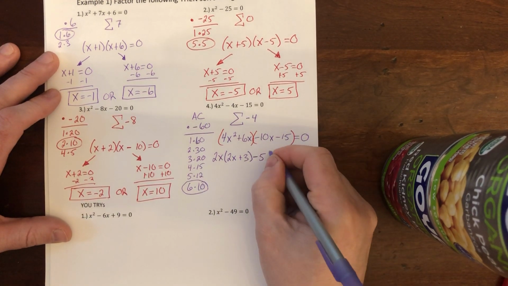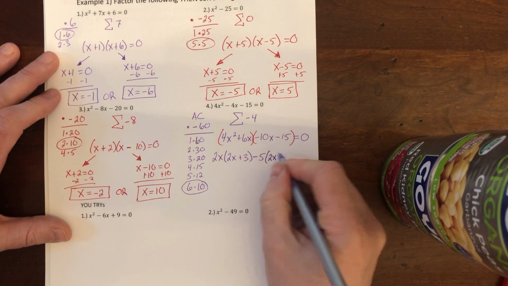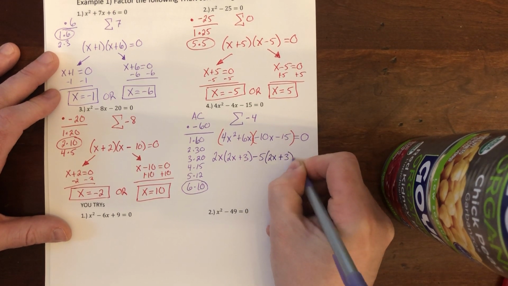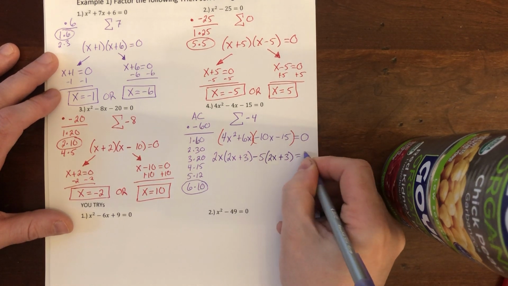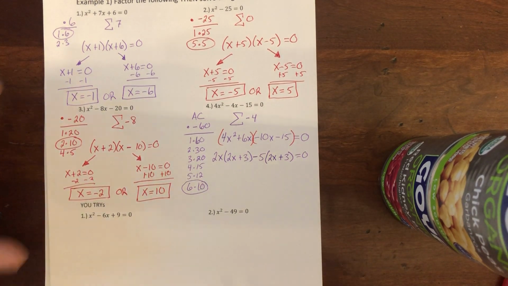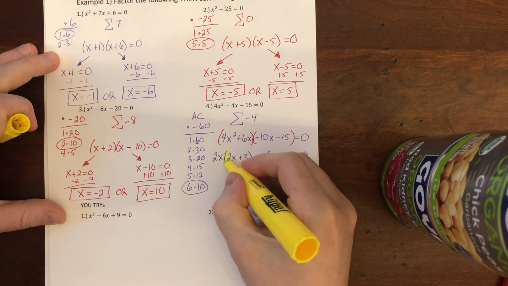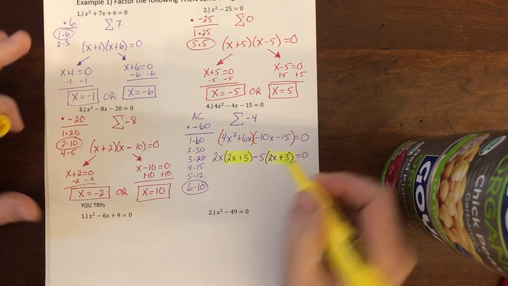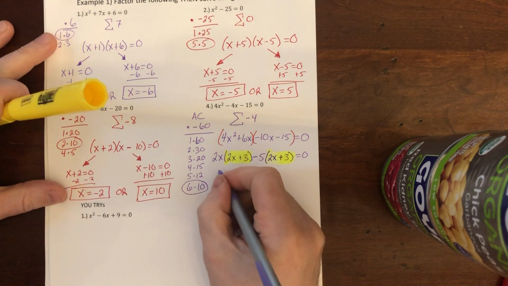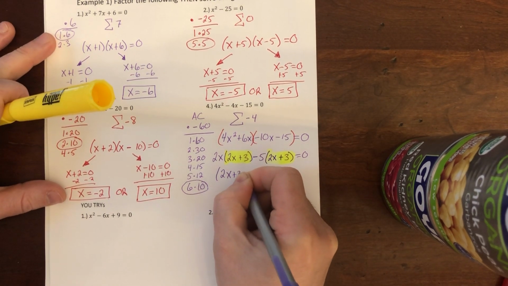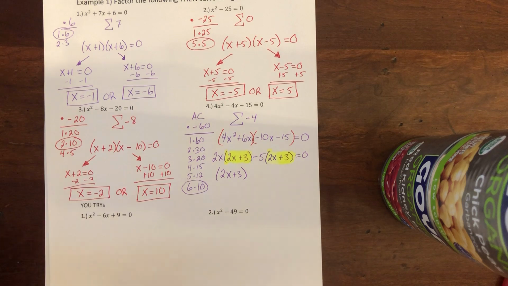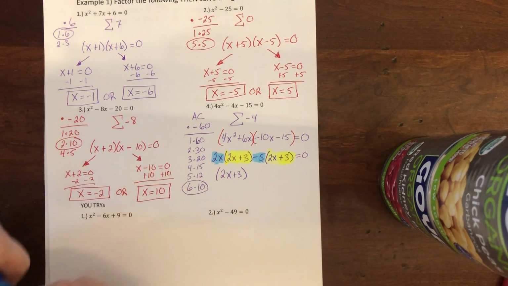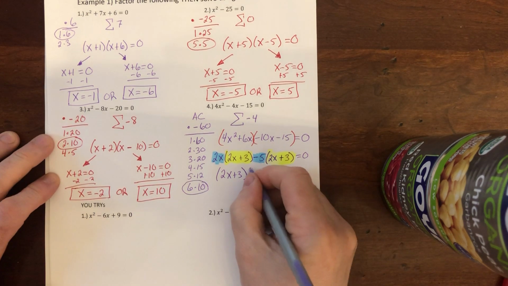That's going to leave us with 2x, and then -5 times 3 is -15. Remember we want our parentheses to be the same. So we have 2x plus 3 as our one parenthesis, and then what are our leftovers? 2x minus 5.